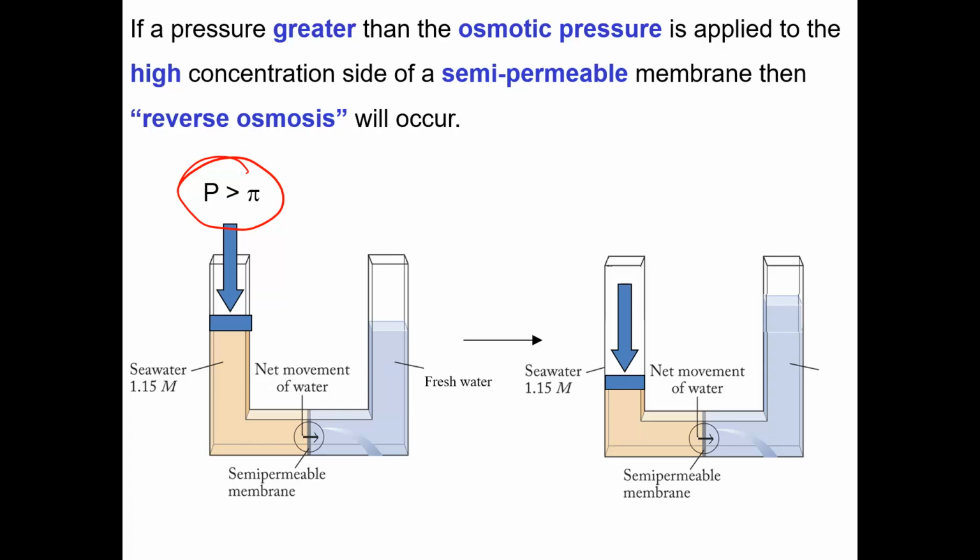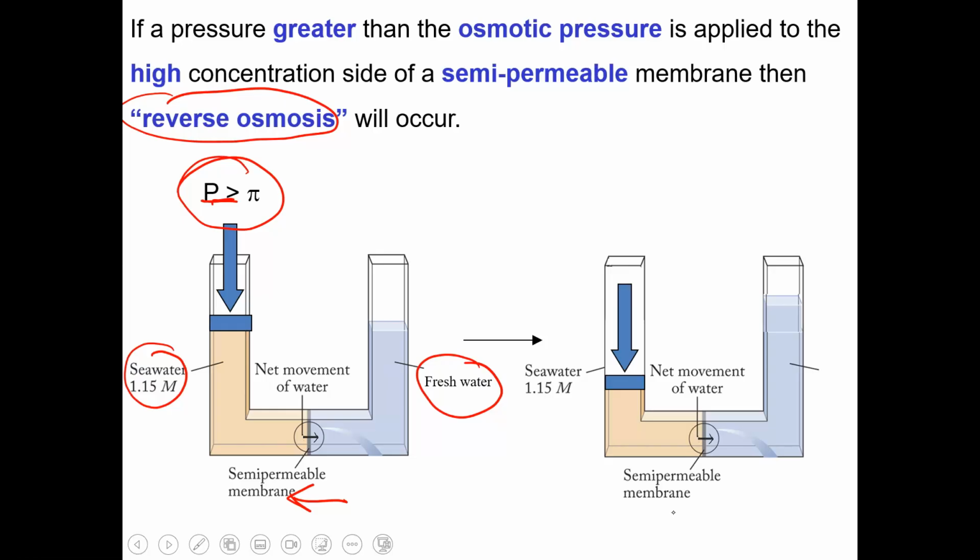So generally, if we were to have a concentrated solution separated from a less concentrated solution, we would expect solvent to move into the concentrated solution and try and dilute it. However, if we apply a pressure greater than the osmotic pressure, then we can achieve what's called reverse osmosis, and we can actually make it go the other way.